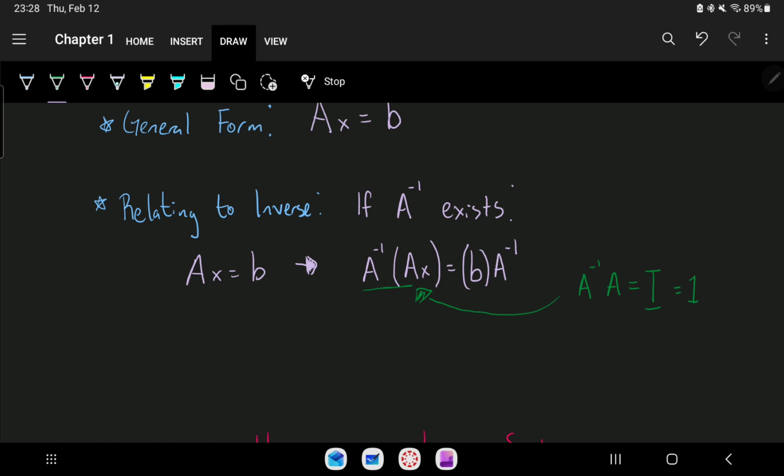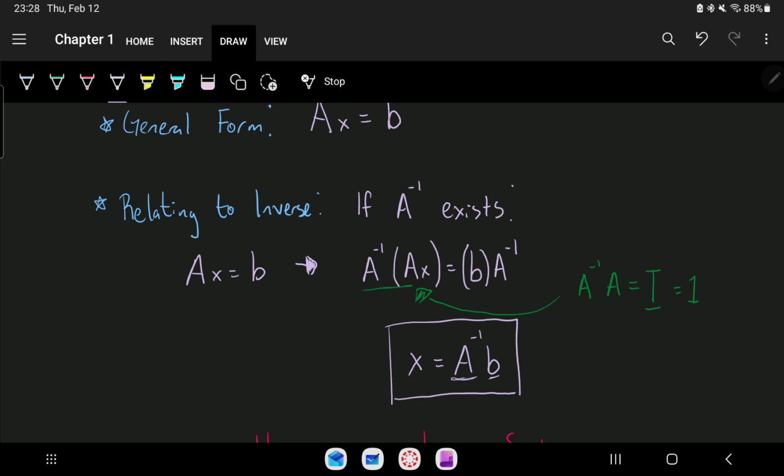So we can simplify this by just saying X is equal to A inverse B. And this turns out to be pretty important, because what this tells us is that if we have the inverse of A and we have B, then we can find the solution to the system.